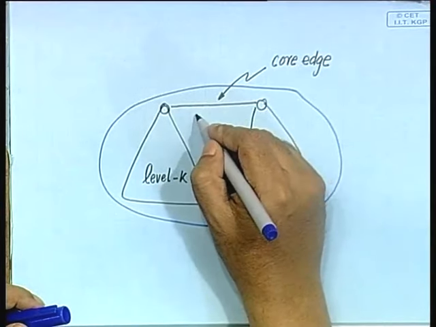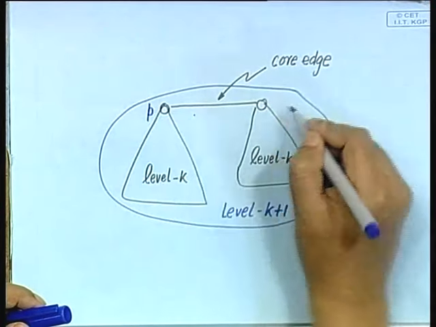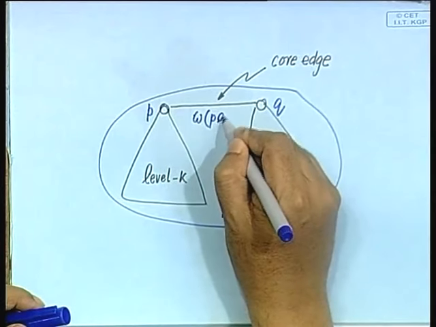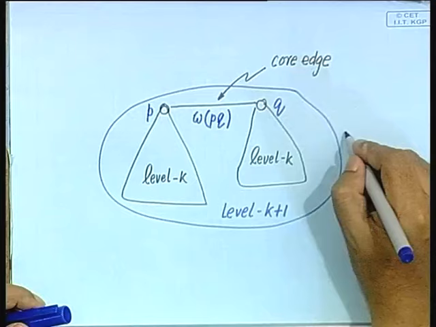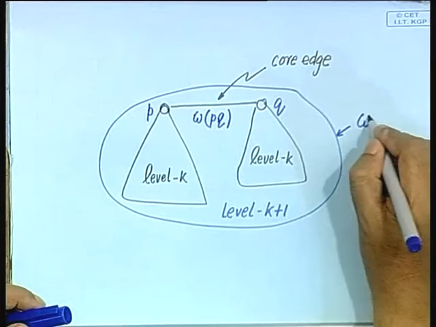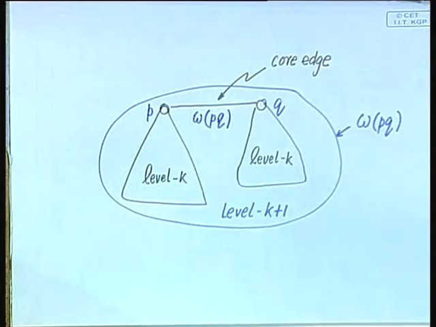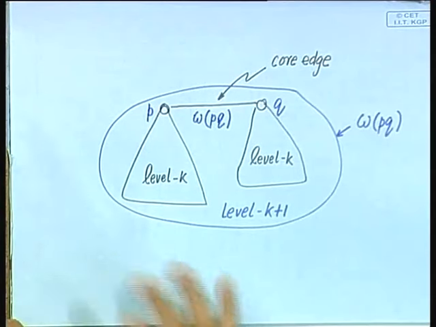So, suppose this is P, this is Q, and this is the weight of PQ, then the name of this is this.